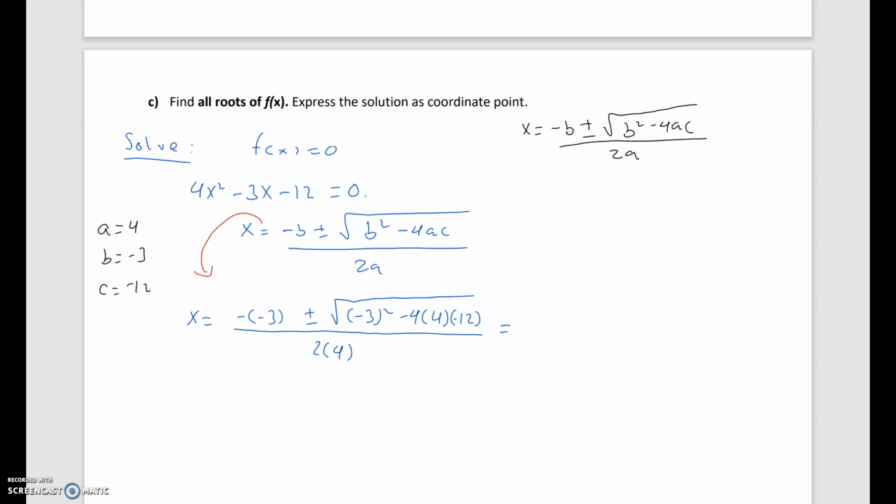So this is equivalent to technically 3 plus or minus the square root of 9 plus, and let me just multiply that value. So we're looking at 4 times 4 times 12, 192. So plus 9, 201 divided by 8.